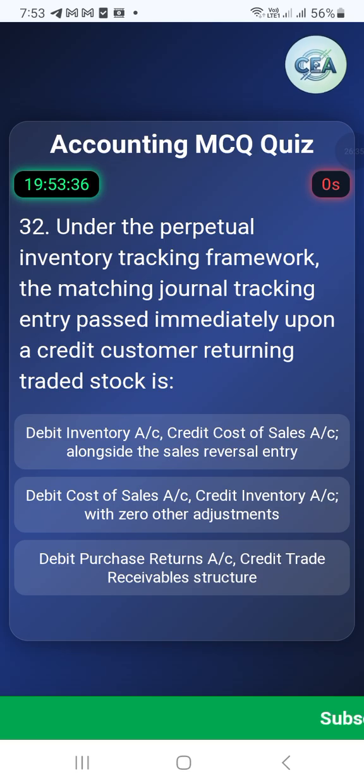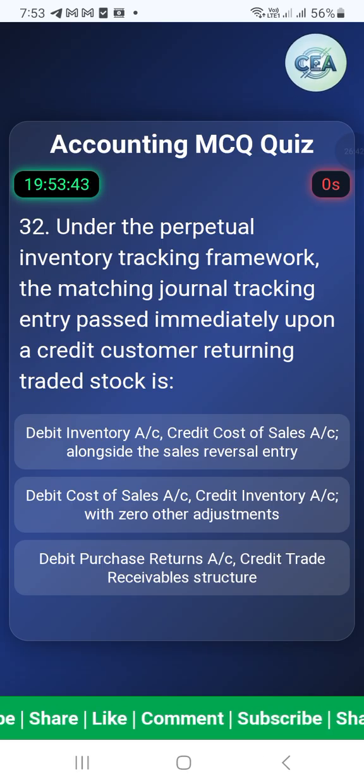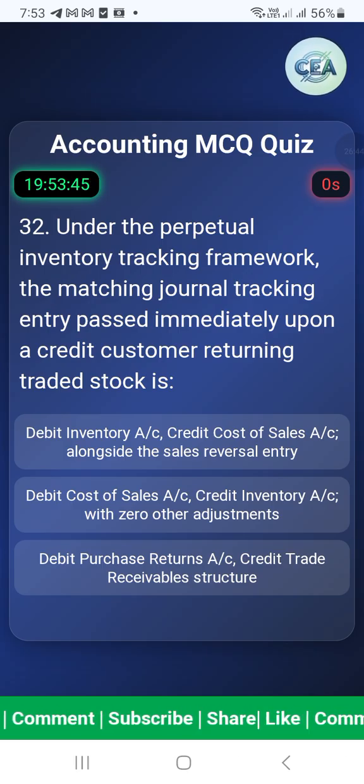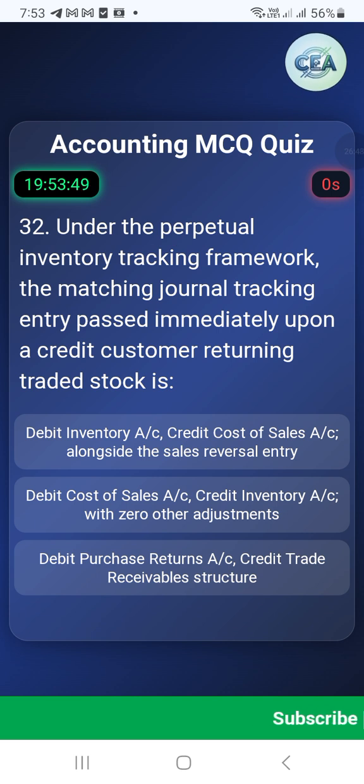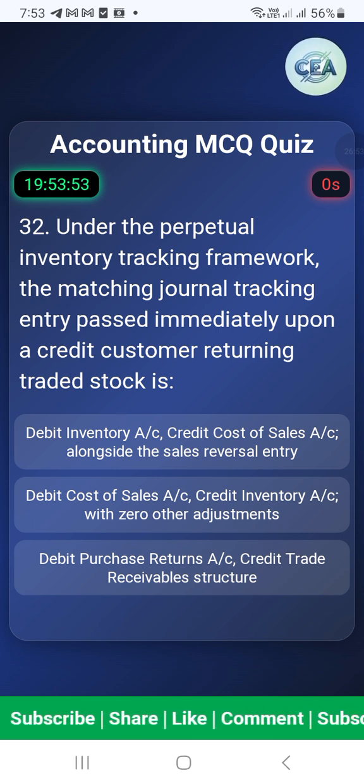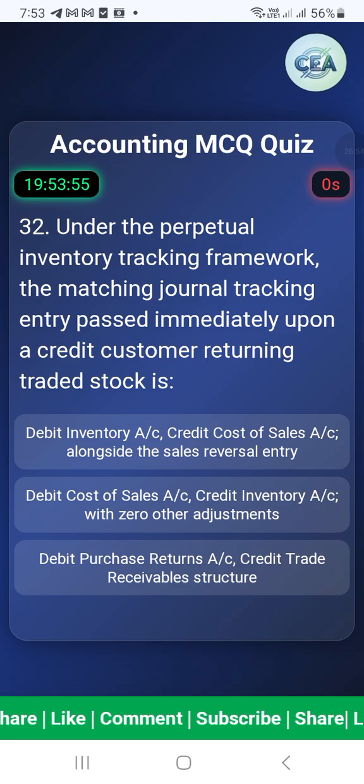32. Under the Perpetual Inventory Tracking Framework, the matching journal tracking entry passed immediately upon a credit customer returning traded stock is: Option 1. Debit inventory AC, credit cost of sales AC, alongside the sales reversal entry. Option 2.